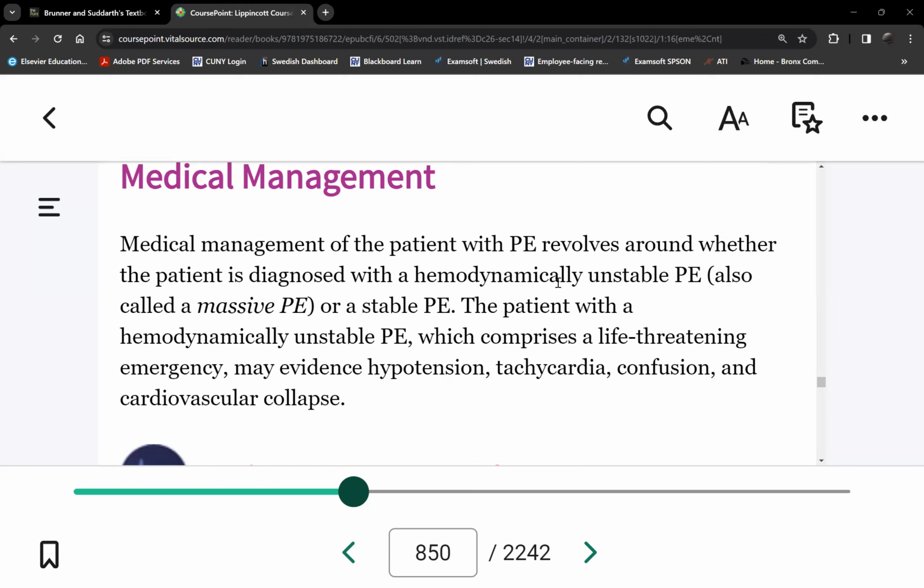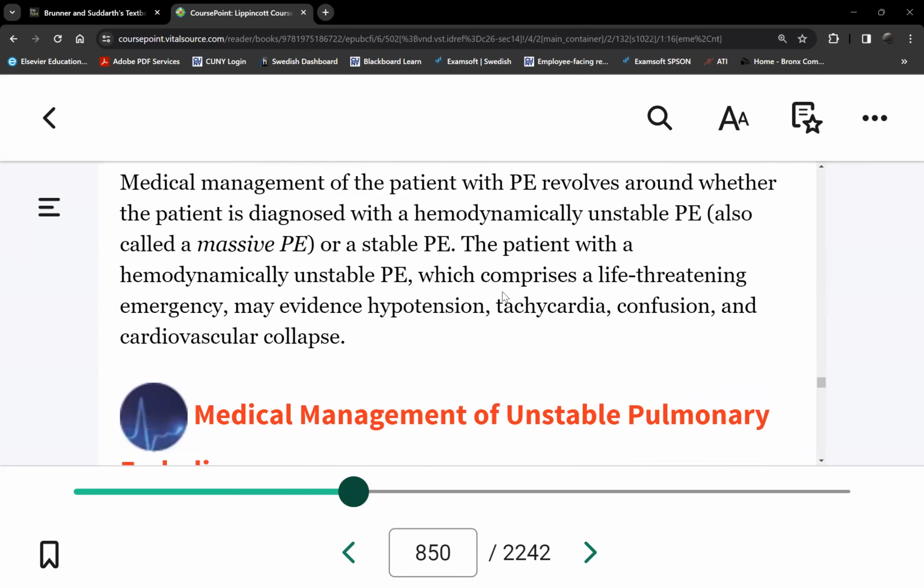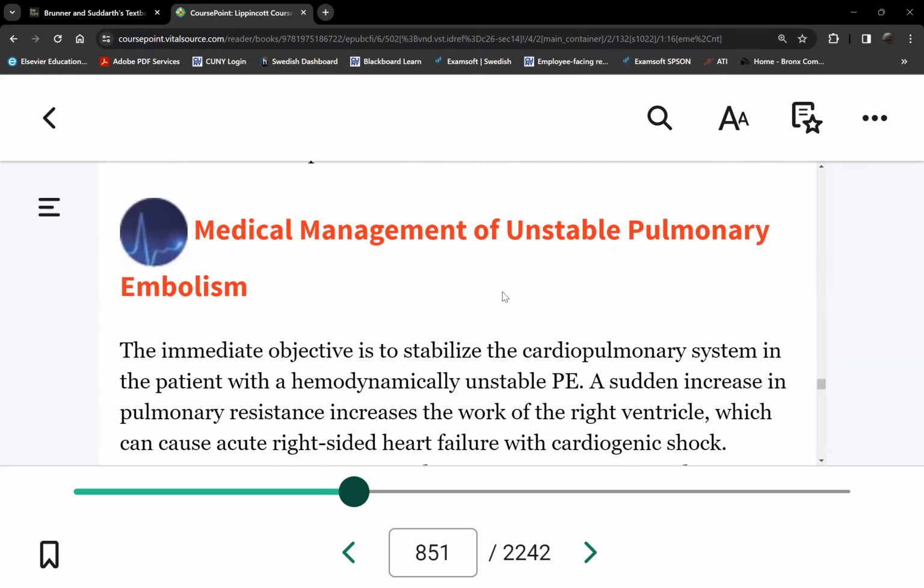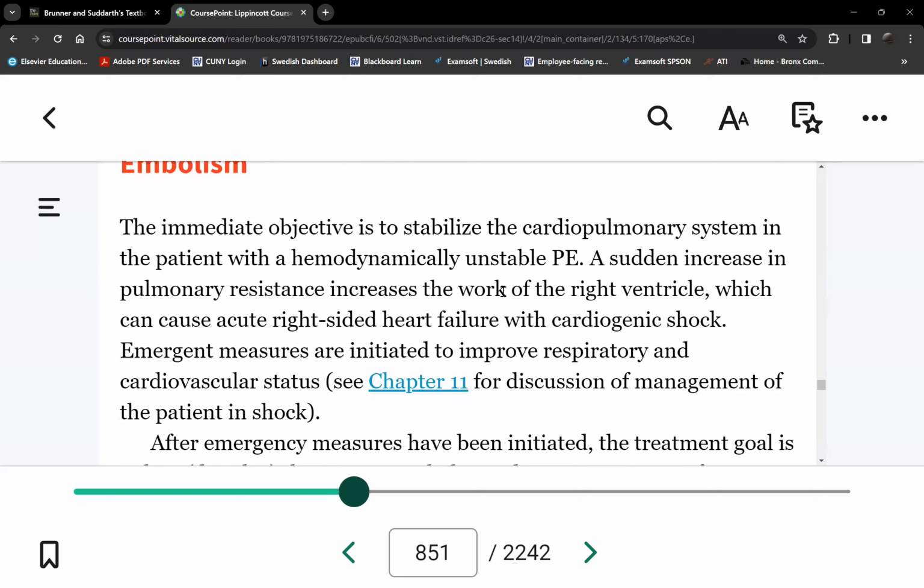Management depends again on what category of PE the patient has. So I mentioned the low risk PE, and then there's the submassive, and then there's the massive PE. So management: if the patient has a low risk PE, some of them aren't even admitted.